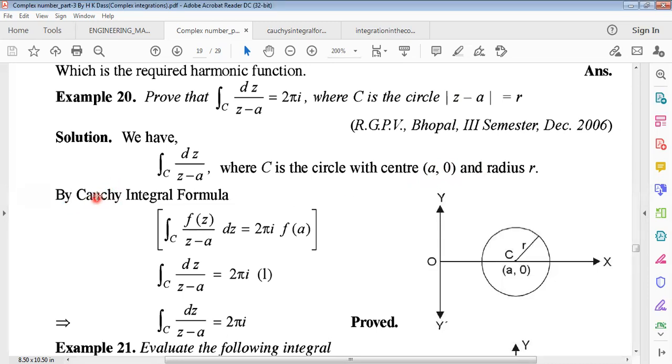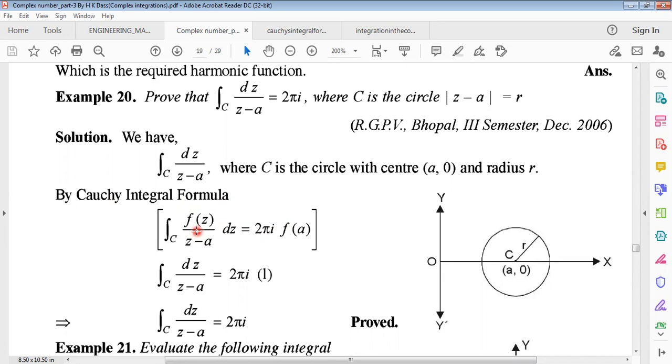So by using Cauchy's integral formula, which states what? f of z divided by z minus a integrated equals 2πi f of a. Do you know Cauchy's integral formula? This is Cauchy's integral formula.